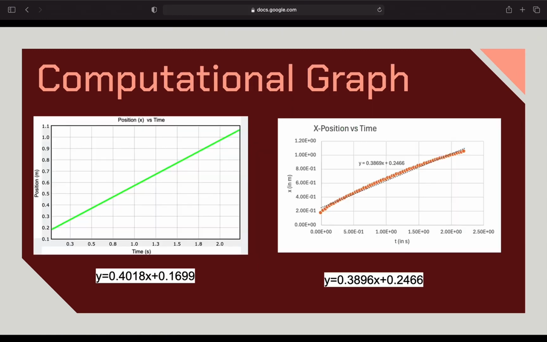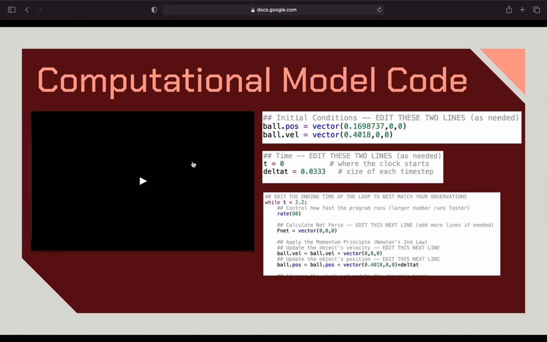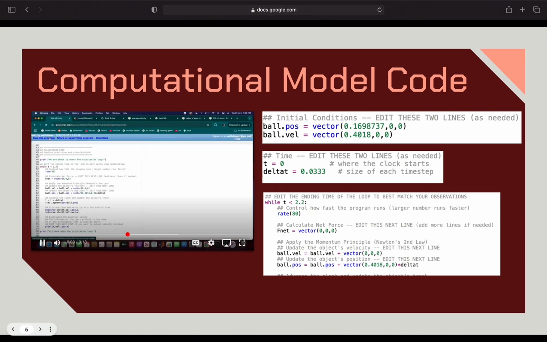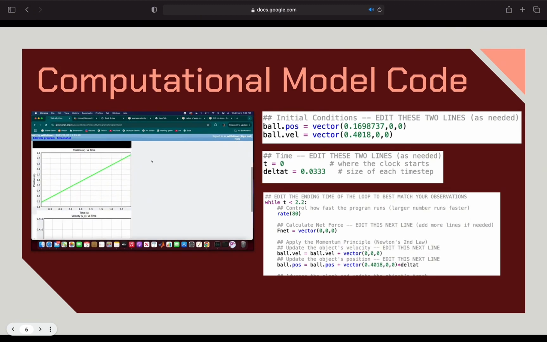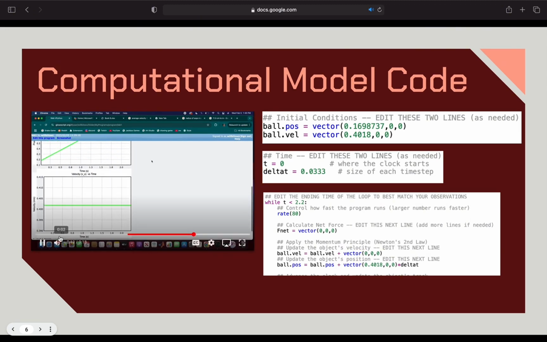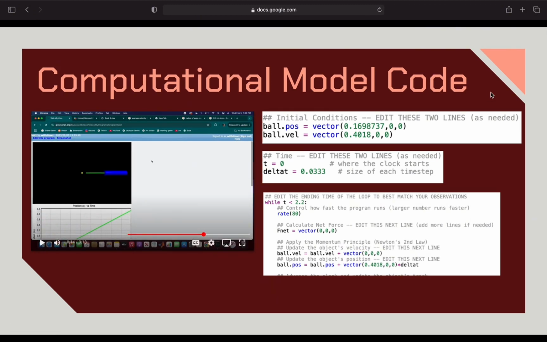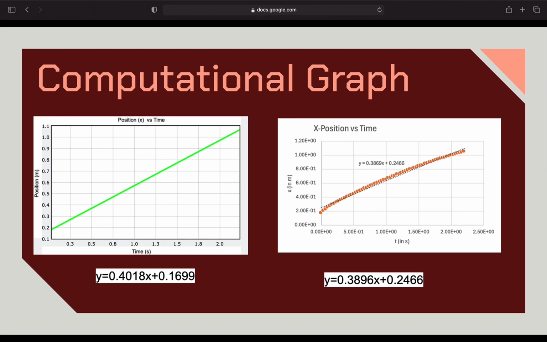And just to show the computational model code here. When we set up a computational graph, we have the code position x versus time, and the slope is 0.4018x plus the intercept, which is 0.1699.